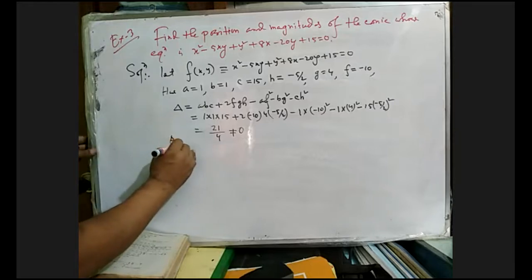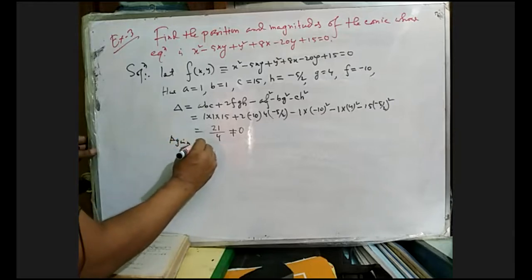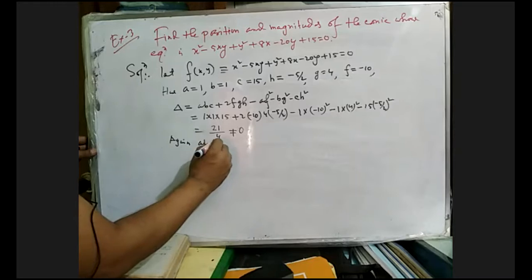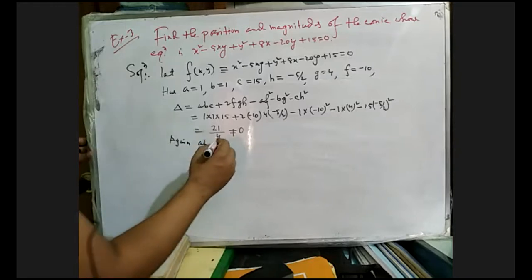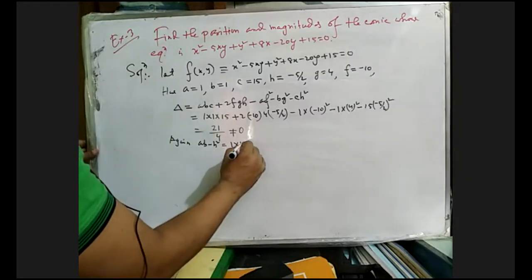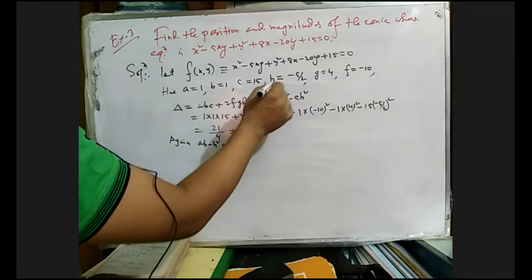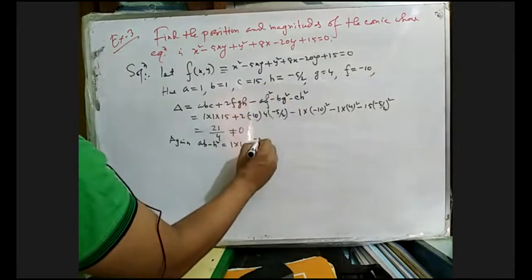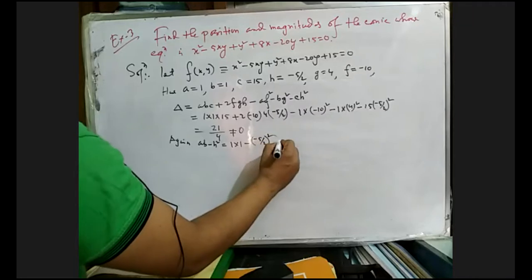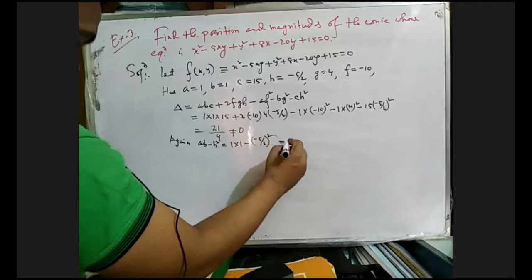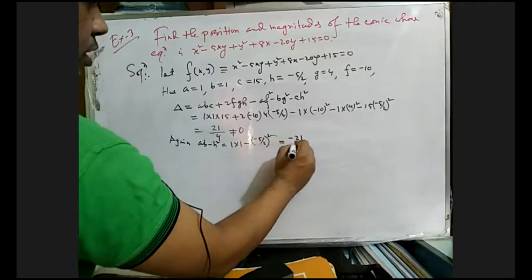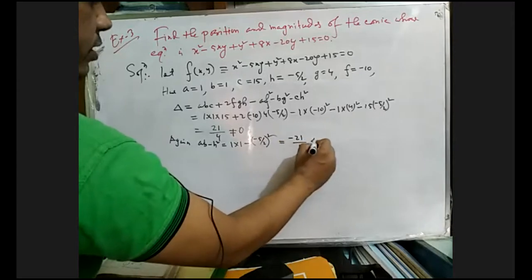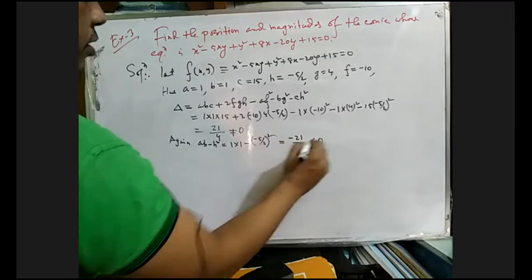Again, ab minus h square equals to what will be? ab is 1 multiply 1, minus h square, which is minus 5 by 2 whole square. This equals minus 21 by 4, which is less than 0. Remember it.